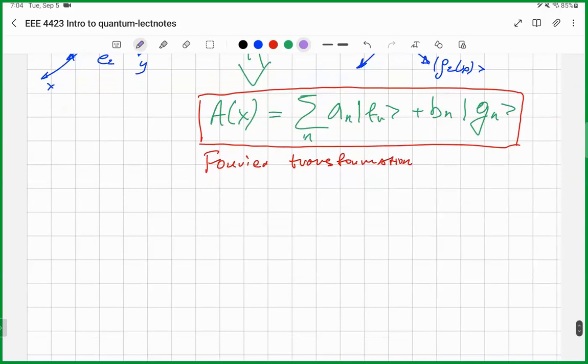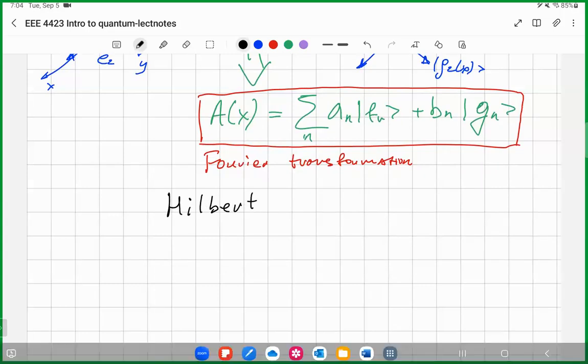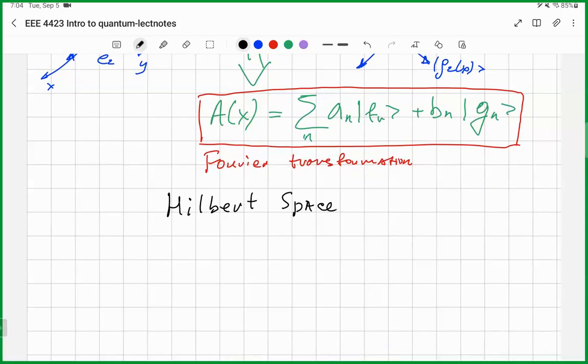Okay. And this brings us to the final point of today's lecture. It's called Hilbert space. This is where quantum mechanics, quantum information appears.